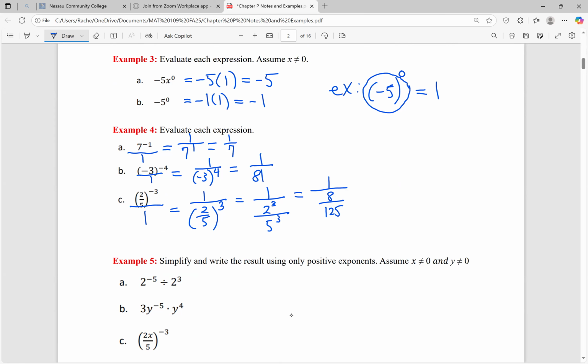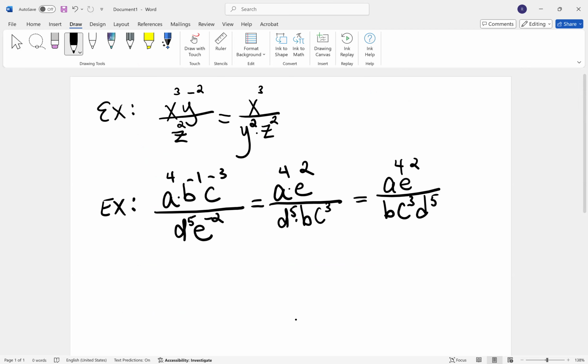We could simplify that. Let me go back to the whiteboard for a minute and remind you how to divide a fraction by a fraction. Let's say I had 2/3 divided by 1/5.